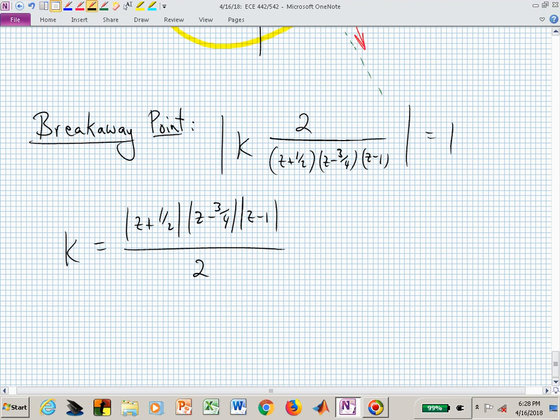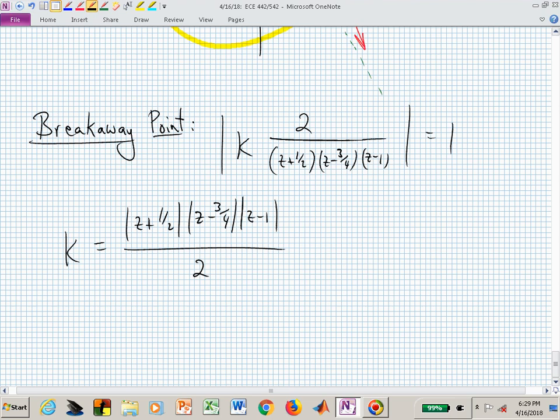And now you could number crunch. You could plug in particular values of z and look at how k varies. You're only looking at a short region in the z-plane between 0.75 and 1. Somewhere in between, k is going to hit a relative maximum.